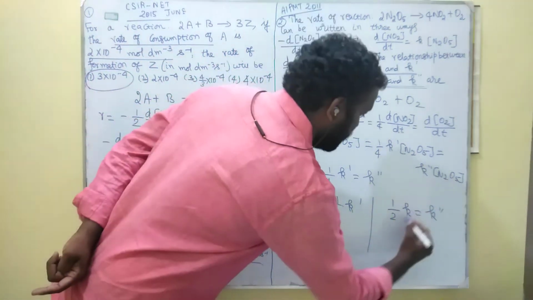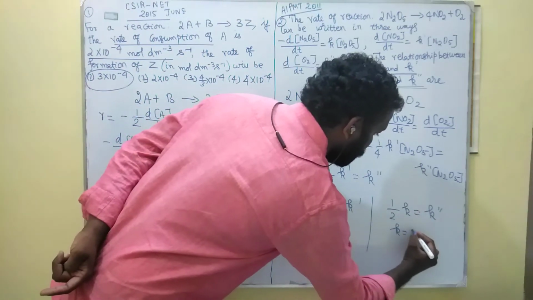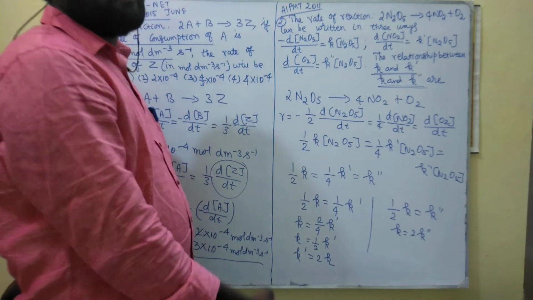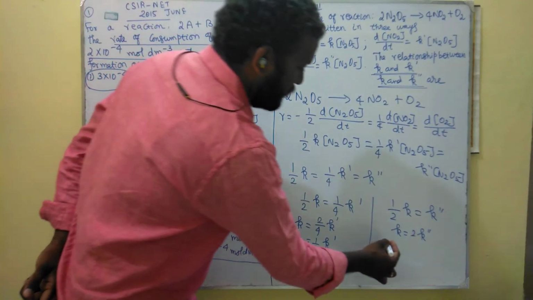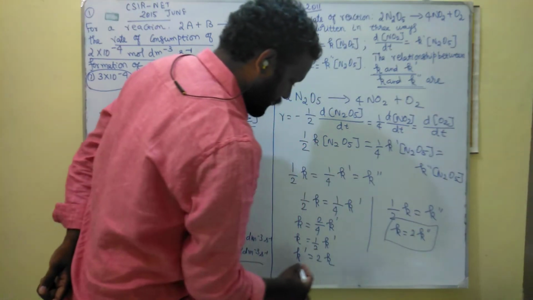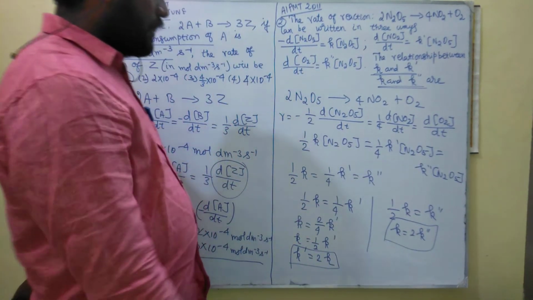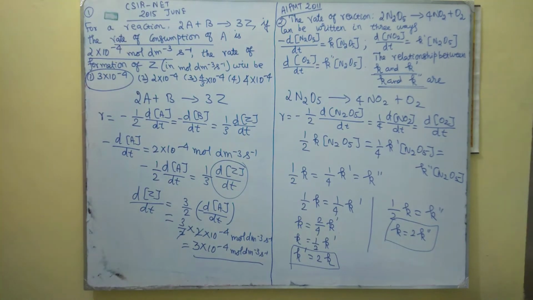Here you can simply write K is equal to 2K prime, or K prime is equal to K by 2. So this is the relation. This is the answer for this particular given problem.